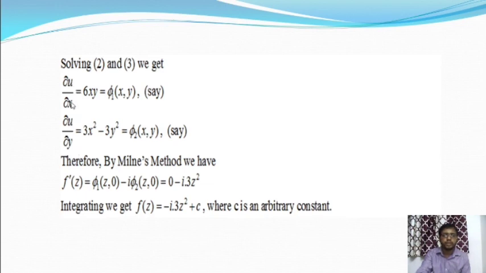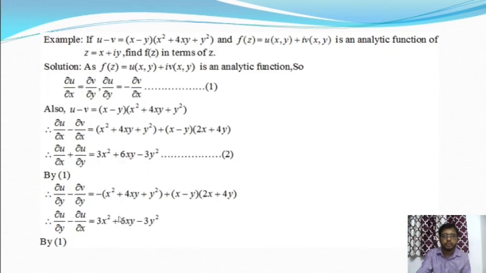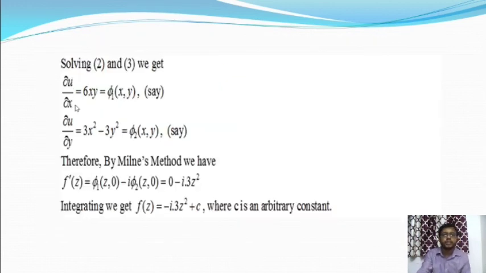After cancelling the term del u del x from equation 2 and equation 3, we'll get del u del x and del u del y. Here del u del x is equal to 6xy, say phi 1 of x comma y, and del u del y is equal to phi 2 of x comma y. Now applying the Milne-Thomson method, f dash z is equal to phi 1 of z comma 0 minus i into phi 2 of z comma 0.